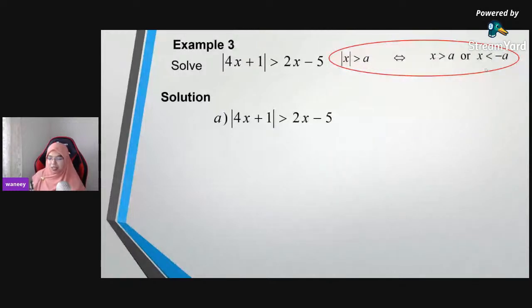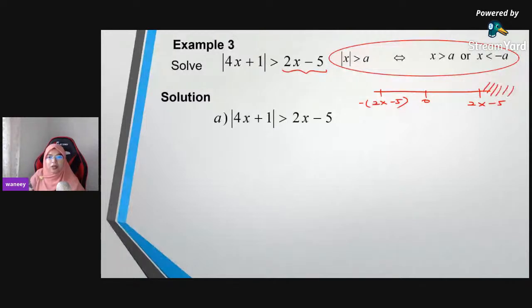Let us open the absolute value sign first. So we're going to have 2x minus 5, another one is the negative of 2x minus 5. Greater than, so that means on the right hand side and on the left hand side. Oh, I see some correct number.